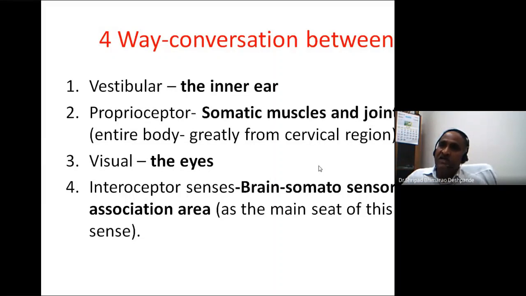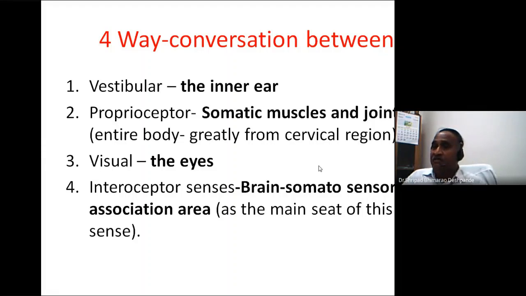The first communication is from the vestibular system. This vestibular system is a component of the inner ear. There are semicircular canals, the saccule and the utricle. The semicircular canals are for angular motion, the saccule and utricle for linear and gravitational motions.